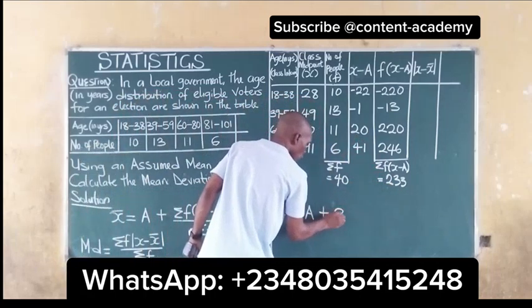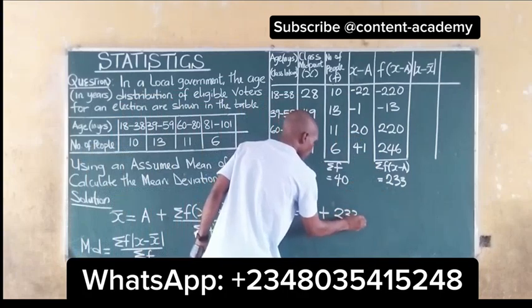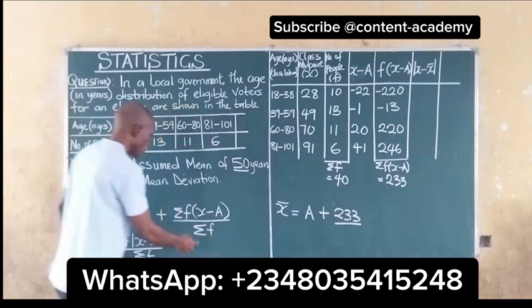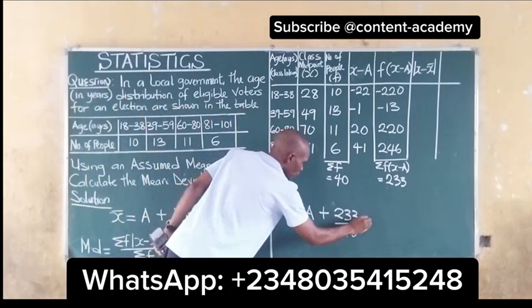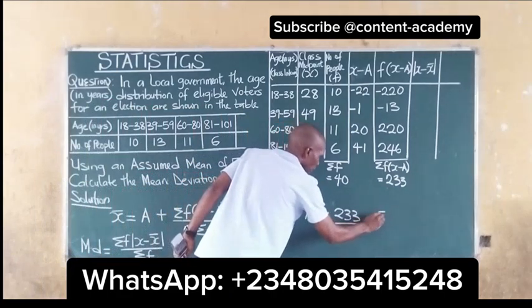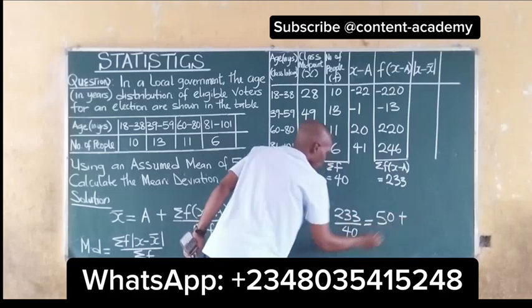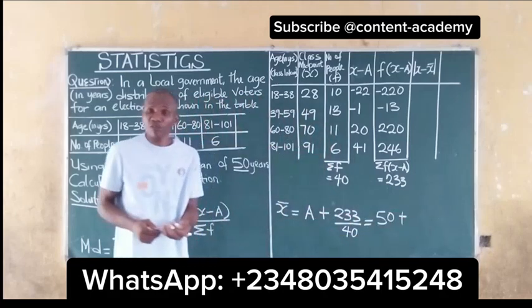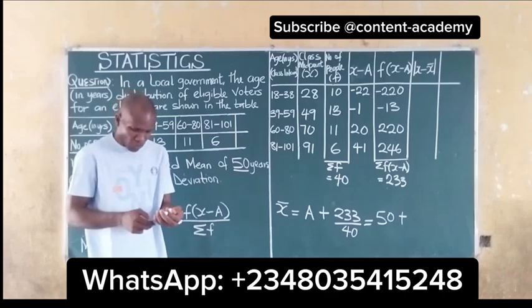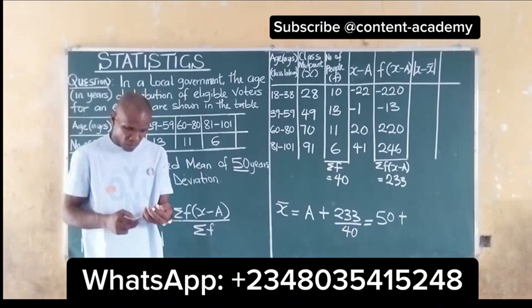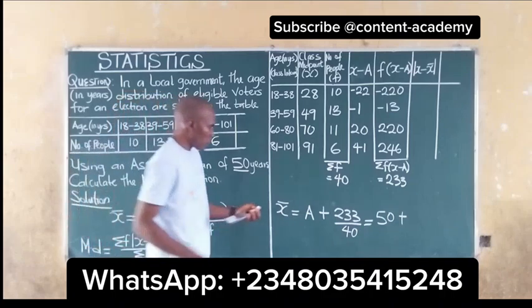So we have 233 all over the summation of f, which is 40.